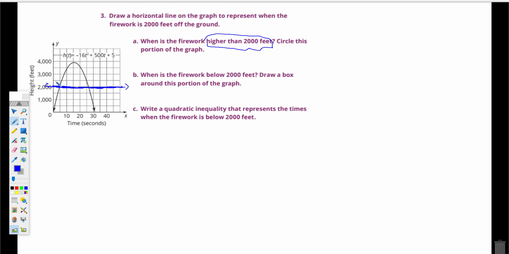Circle this portion on the graph. So if it's higher, it is in this section. It's above that line, but it says higher than, so it won't be touching the line. It can't touch the line.